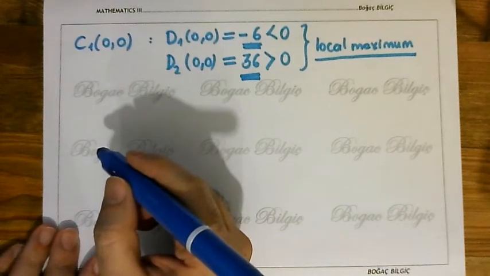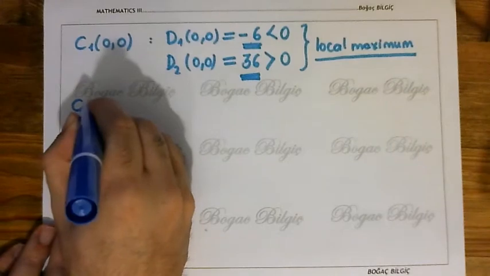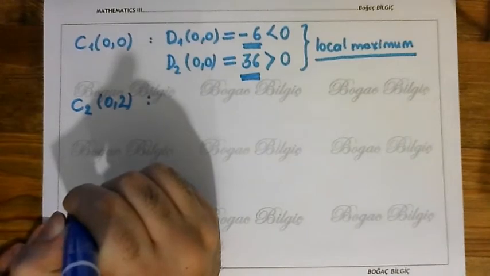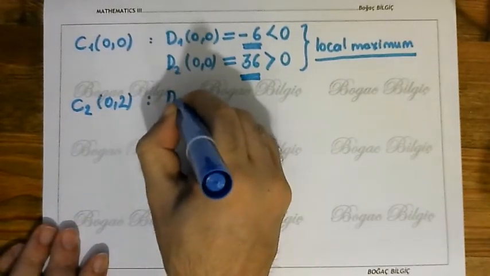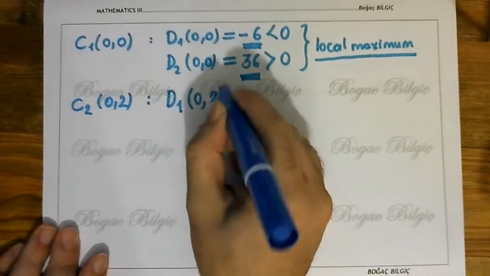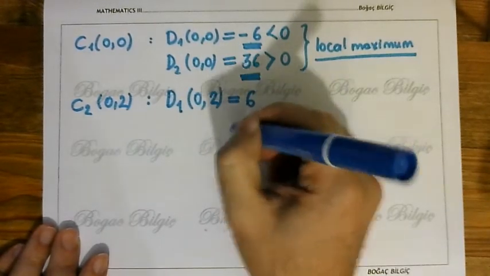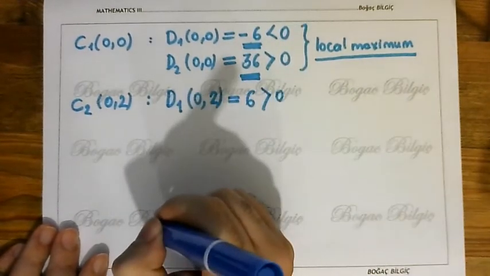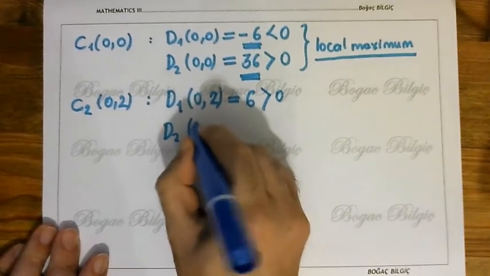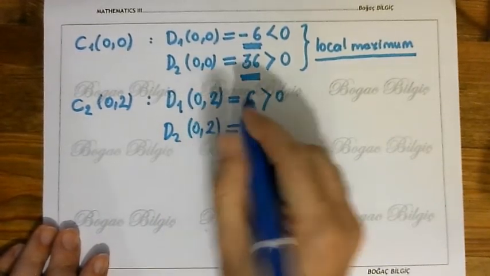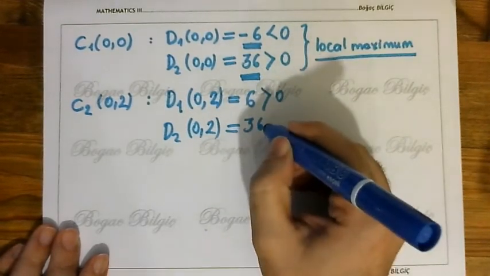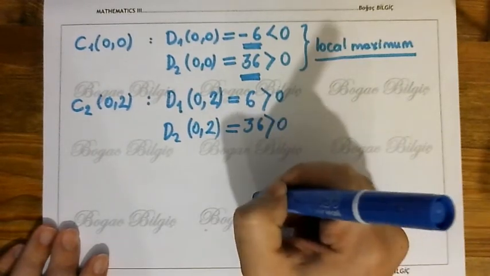Next, to test the critical point C2, (0, 2), we compute D1(0, 2) is equal to 6, is bigger than 0, and D2(0, 2) is equal to 36, is bigger than 0.